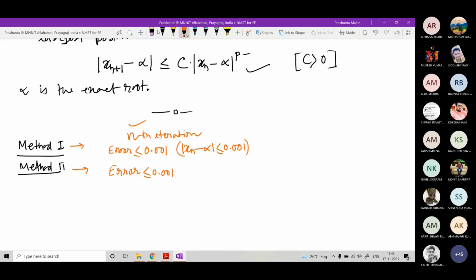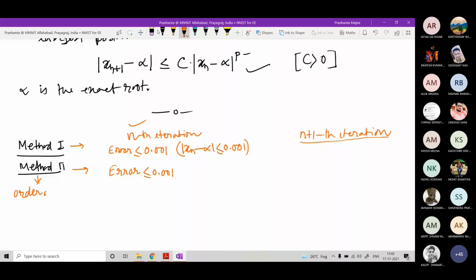Now we want to find out what will be the error bound in the n plus 1th iteration, in method 1 and method 2. Now suppose method 1 has order of convergence 1 and method 2 has order of convergence 2. We'll assume different orders of convergence to understand what is happening.